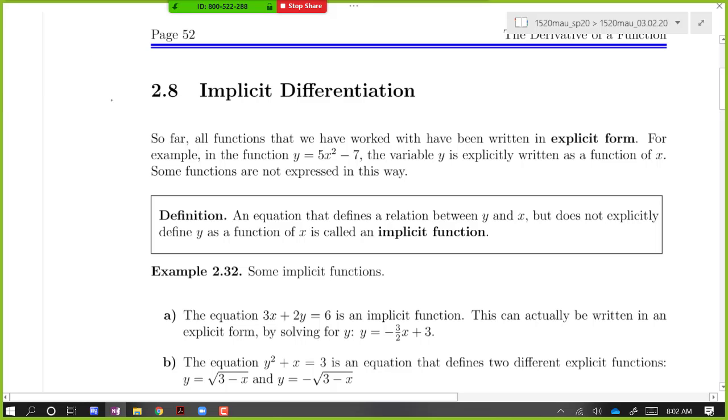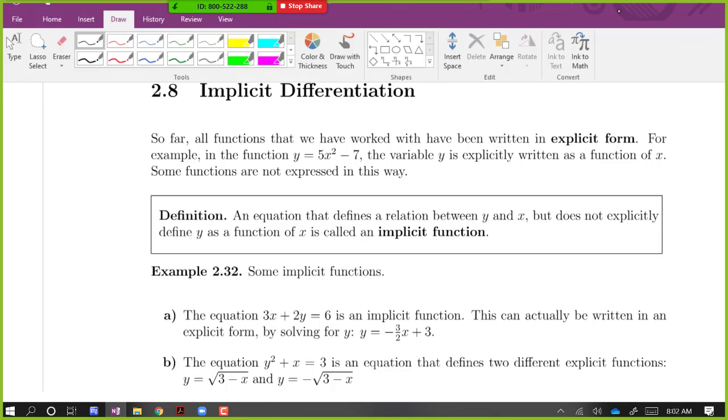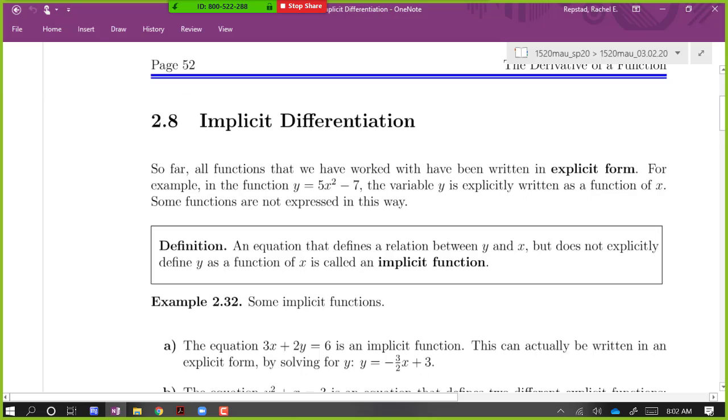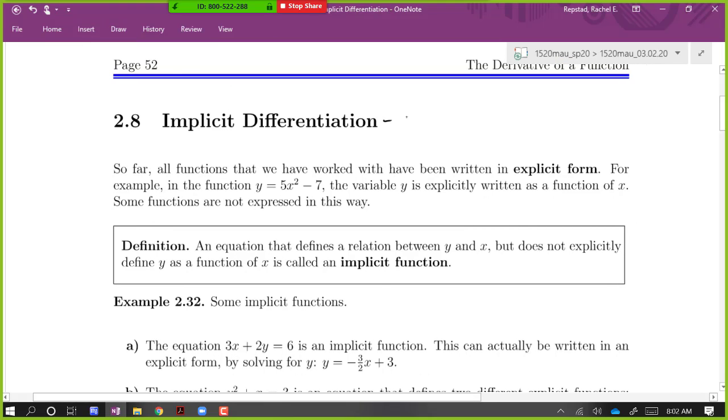So this section is called Implicit Differentiation. It's basically an extension or an application of the chain rule, so I might call it the chain rule part 2.